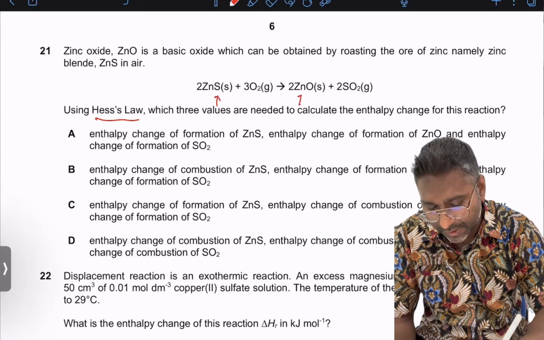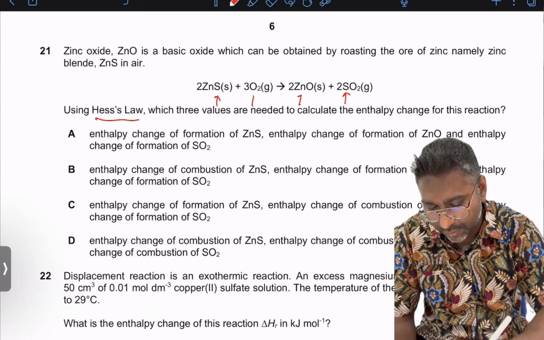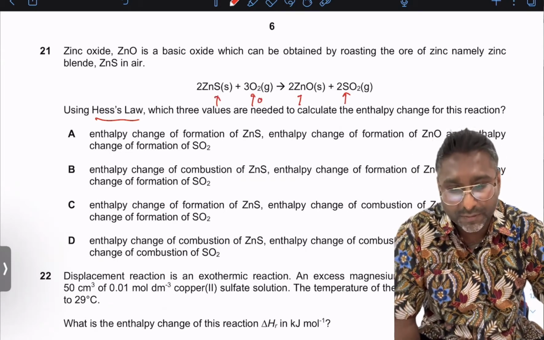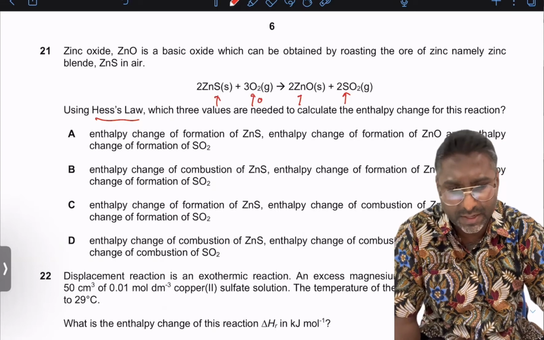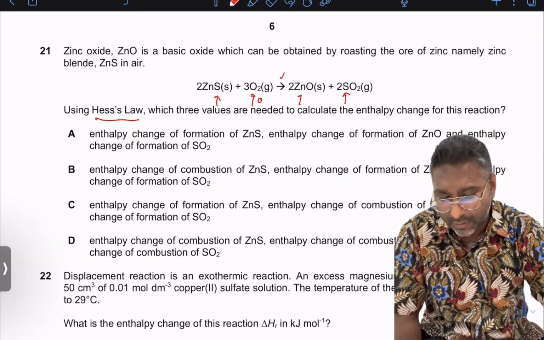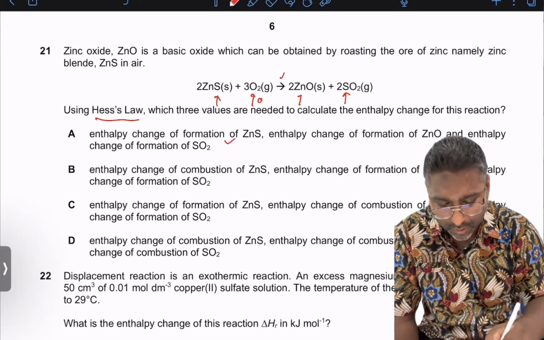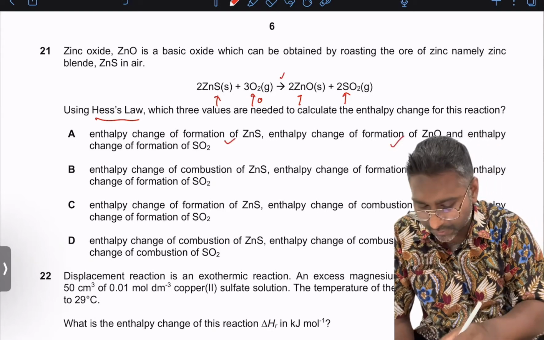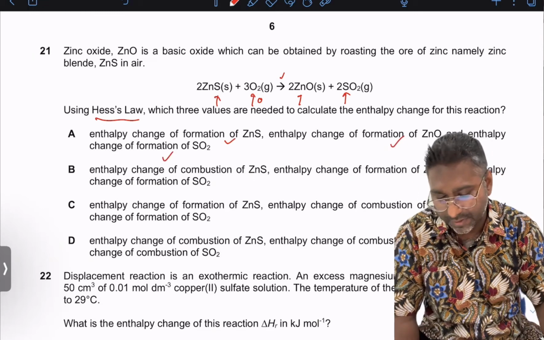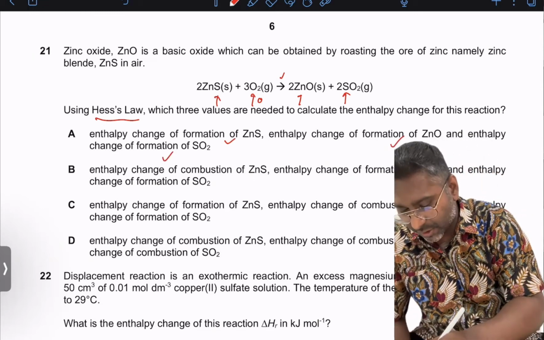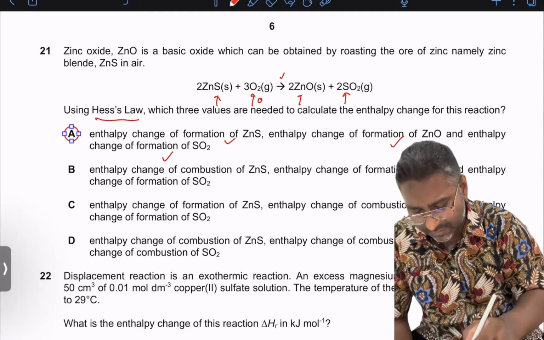If you know the formation, formation of oxygen, no need because it's 0, because it's an element. So if you know the formation, definitely you can calculate what is this. So here you see the first example, they give you this formation, they give you this formation, they didn't give you the formation of oxygen, doesn't matter, you can straight away calculate. The other answers don't make sense.